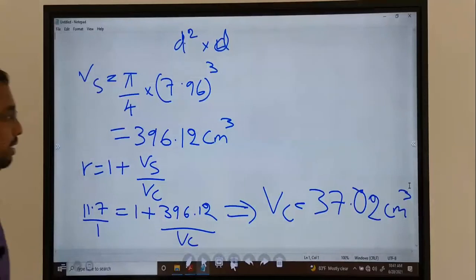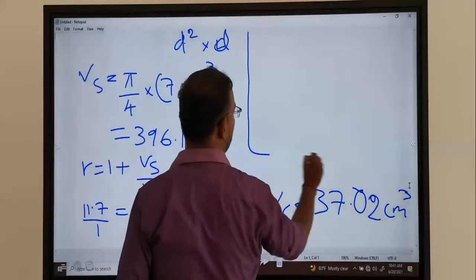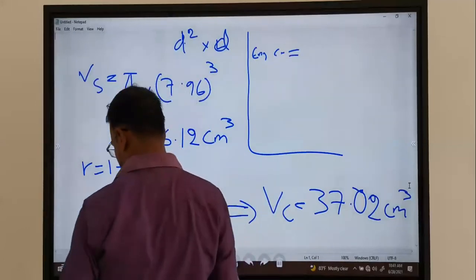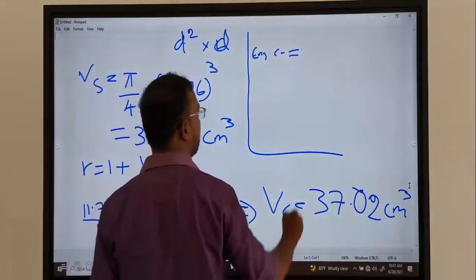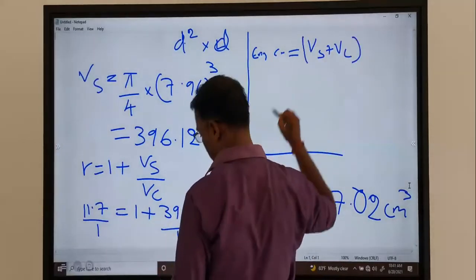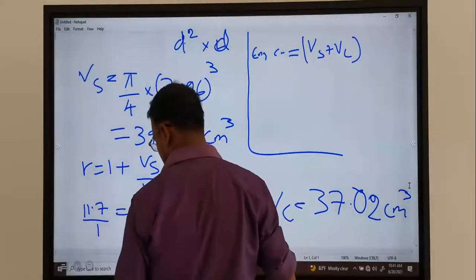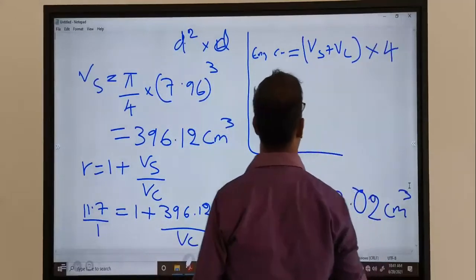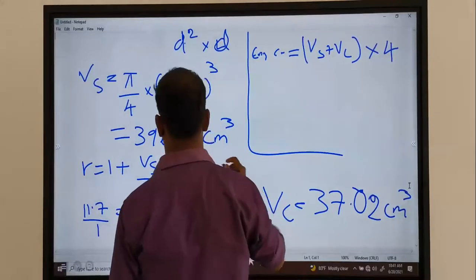So now the engine capacity. The engine capacity is Vs plus Vc here. It is a four cylinder engine, so multiply by 4 cylinders.